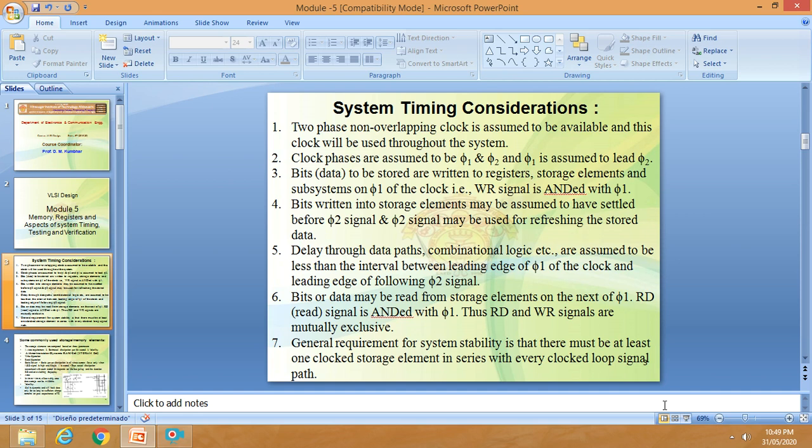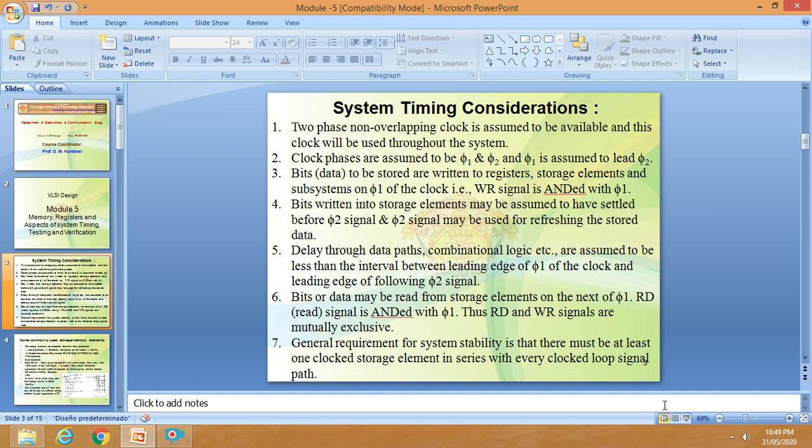We are going to study all these memory elements, since different areas and different performance will be there. We will study the performance in detail in this module.